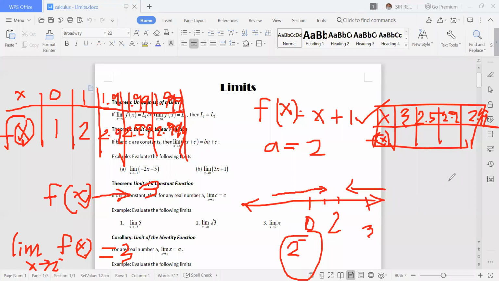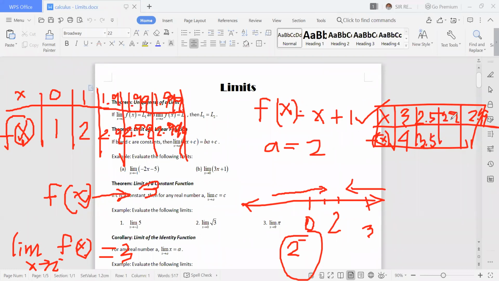Yes, sir. After that, you will substitute each value from the right hand side of 2 in the function f of x. If x is equal to 3, it will be 3 plus 1. Obviously, that is equal to 4. And if your x is equal to 2.5, it will be 2.5 plus 1, so it will give us 3.5.